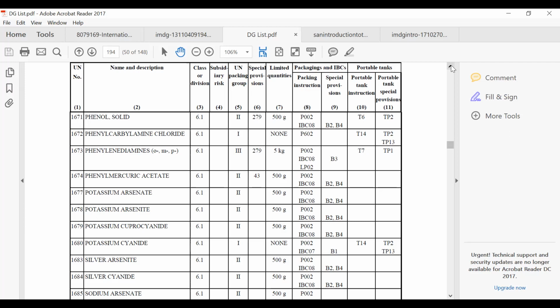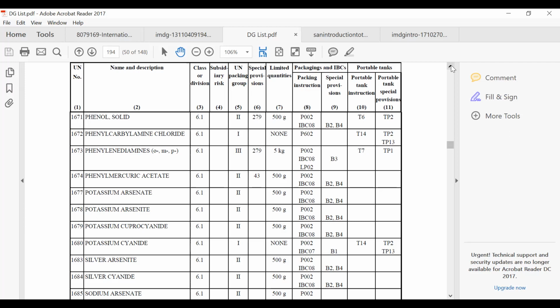Okay, pause there. Please, when we are describing or telling anyone any UN number, or writing it out, the UN number must start with UN 1671. There have been some mistakes from candidates as well as in other interviews, where people just start with 1671.